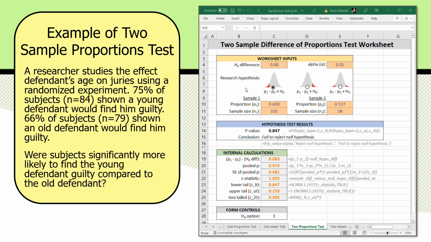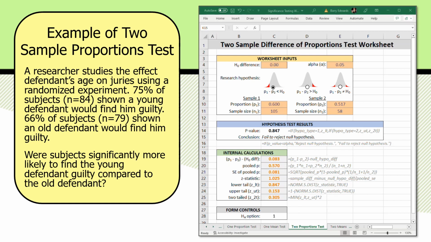So the research hypothesis depends on which group we specify as the first proportion and which is the second, which is the first sample and which is the second sample. And let's be careful now to follow the prompt. Were subjects significantly more likely to find the young defendant guilty compared to the old defendant?